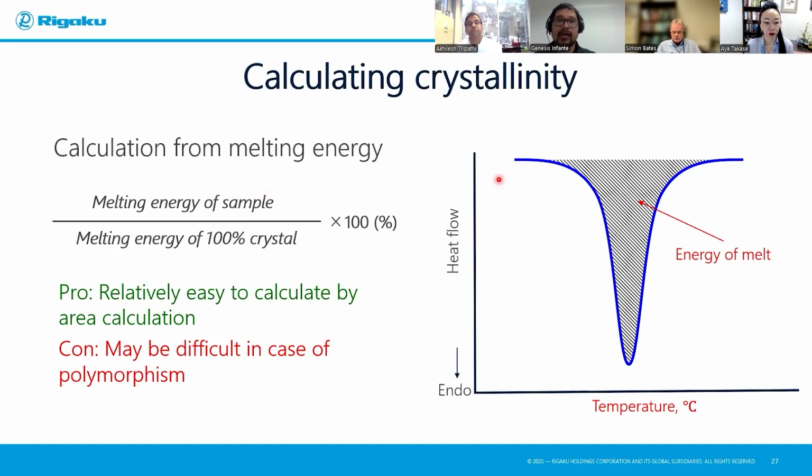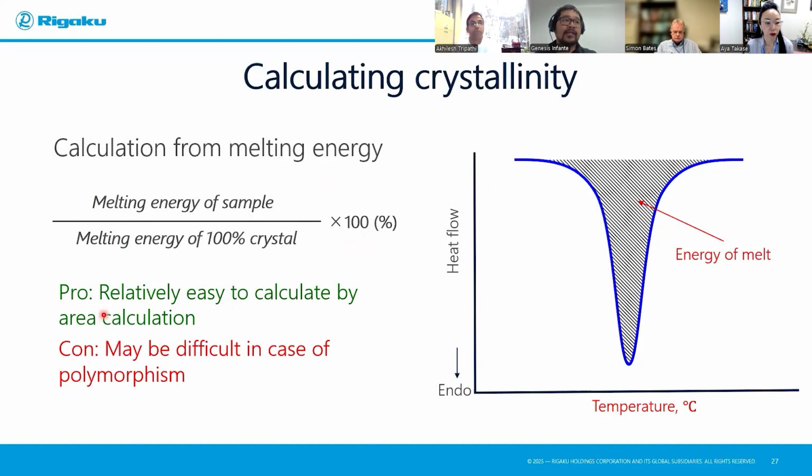For example, for a melt, we can characterize how much energy is associated with that reaction. To calculate crystallinity, we can use this energy by having a sample that we know to be 100% crystalline. Then, with your unknown sample, we can compare that energy directly to it, and you just do a ratio from there.